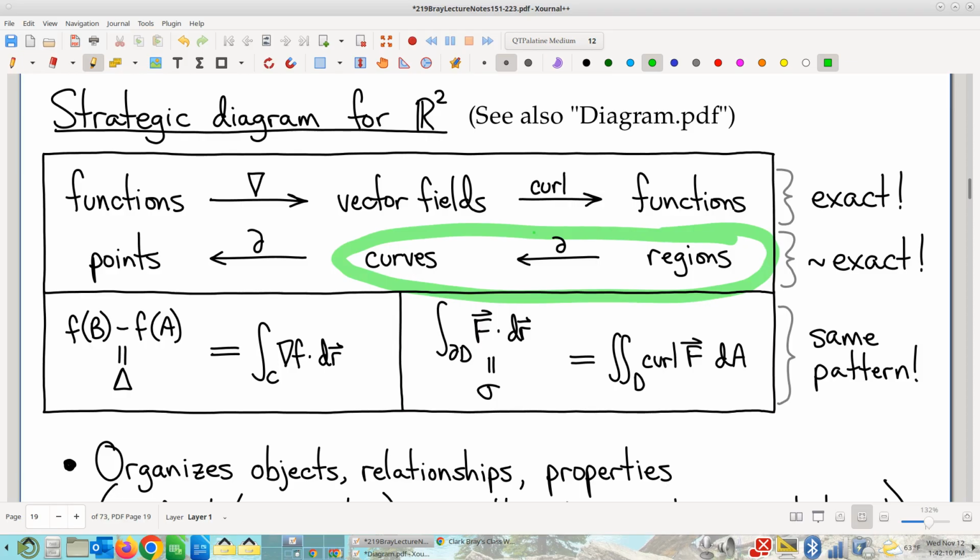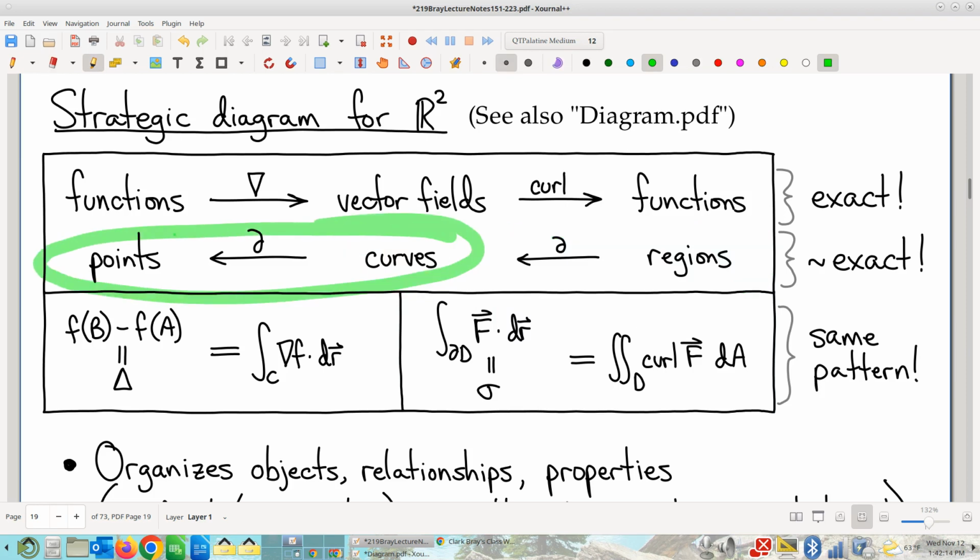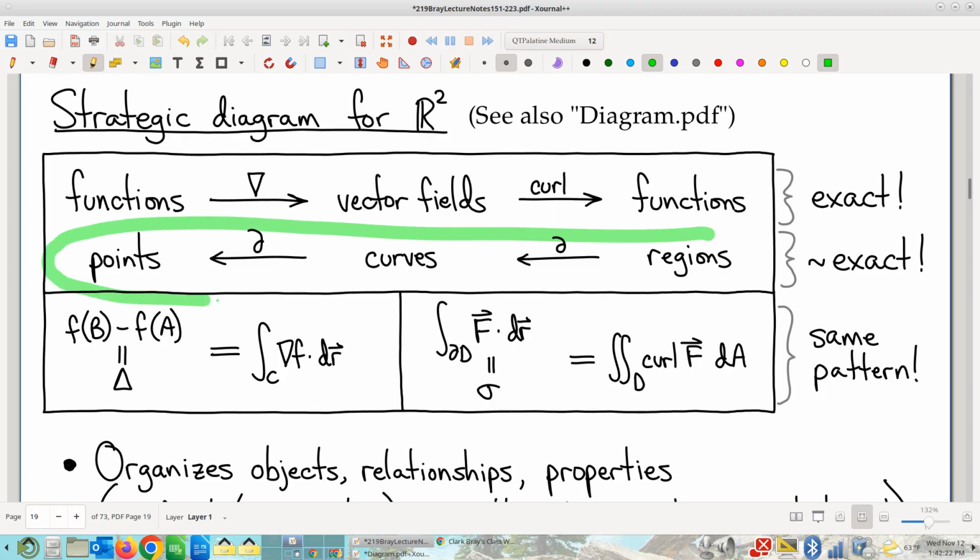And if you have a curve and you take the boundary, then you would expect that boundary to be a pair of points. And so the boundary operator is defined on, I'm going to call them nice regions and nice curves, and let's not worry about anomalous, strange oddities.